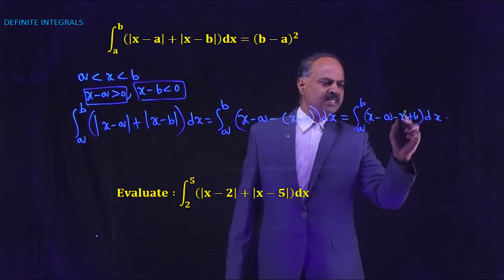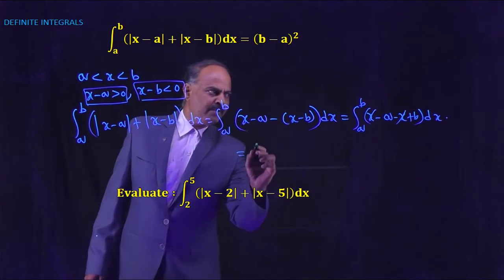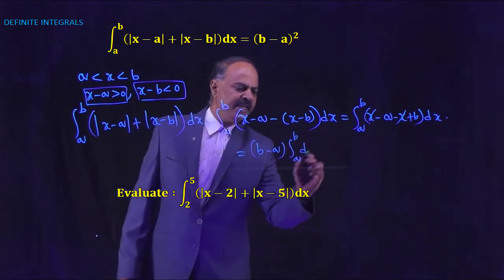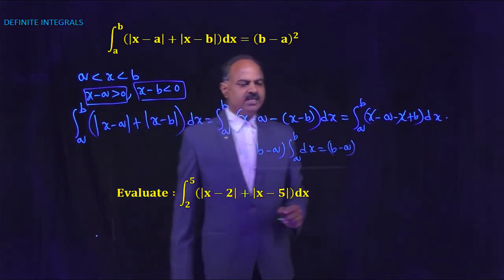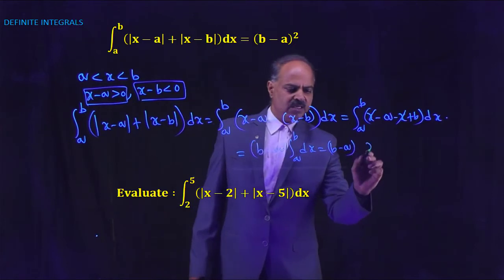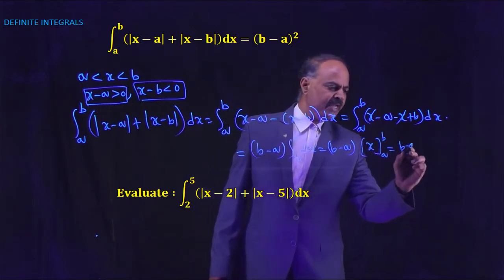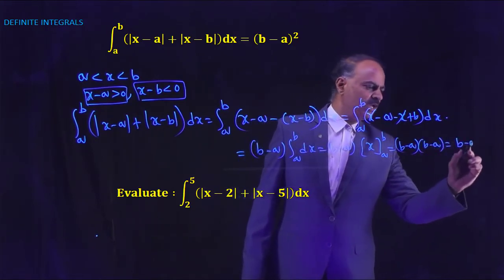So here minus x and plus x get cancelled. Now that is equal to (b minus a) into integral a to b dx, so that is (b minus a) into x with limits a to b. Therefore that is (b minus a) into (b minus a). So here that is (b minus a) whole square.